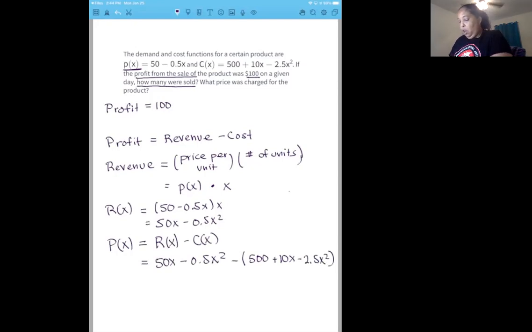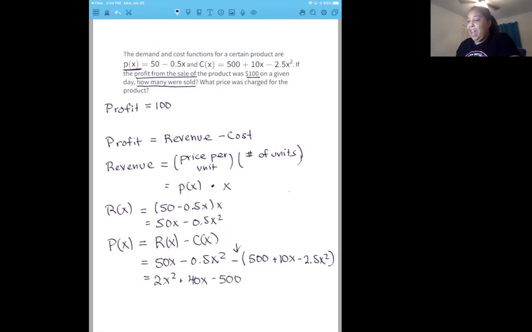All right, so let's simplify. Remember, I have a negative sign, so that's going to distribute through this entire cost function. So I have a 2.5x squared and a 0.5x squared, which is going to leave me with a 2x squared. Then I have a 50x minus 10x, which is going to give me a 40x. And then my constant is just negative 500.